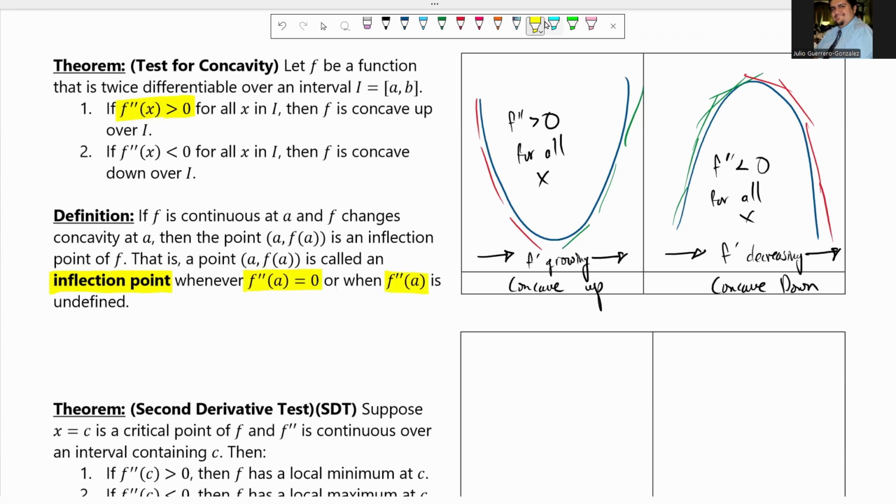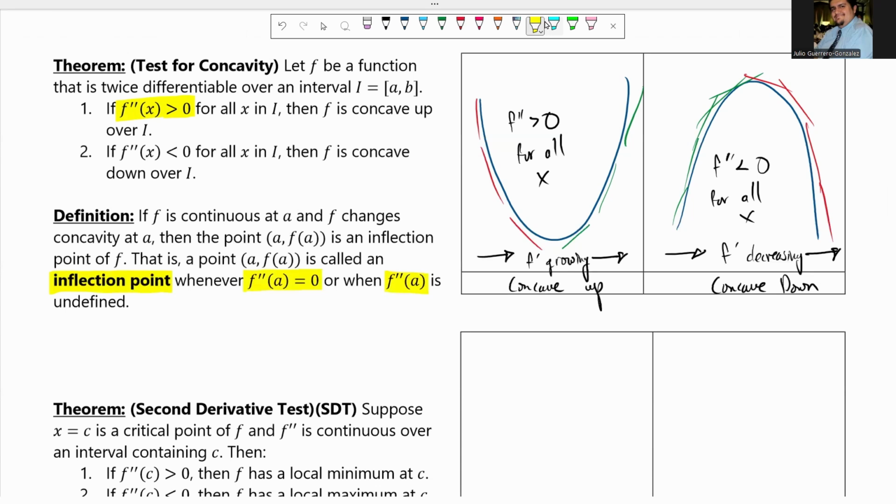So it's exactly the same idea for the definition, at least, as the critical values. Remember, critical values is when the first derivative is equal to 0 or when the first derivative is undefined. Inflection points are when the second derivative is equal to 0 or when the second derivative is undefined.